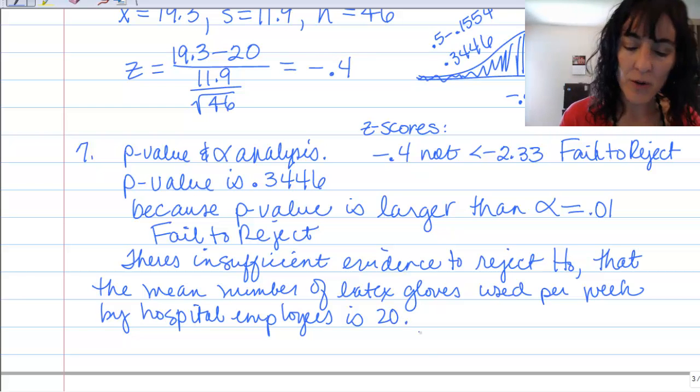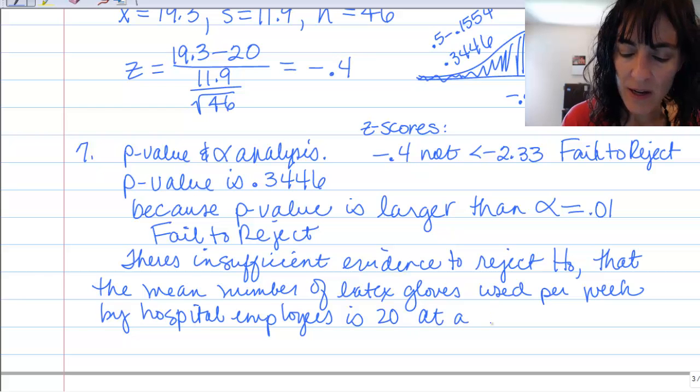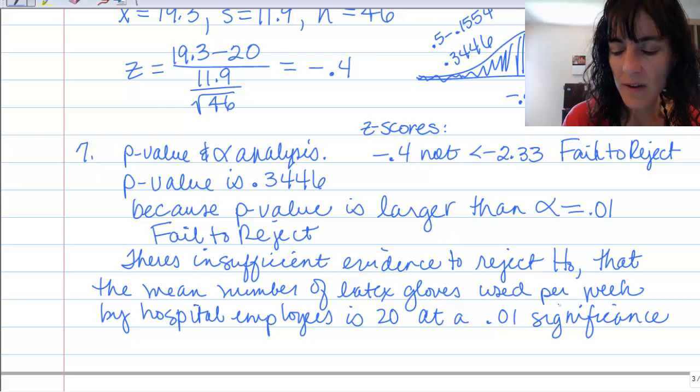So, and then we want to say at a 0.01 significance level.